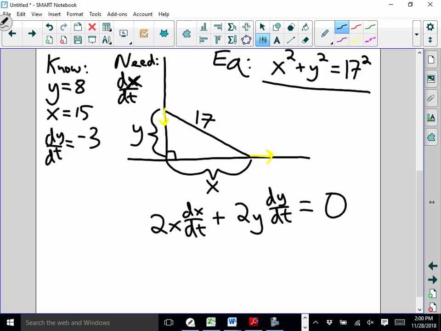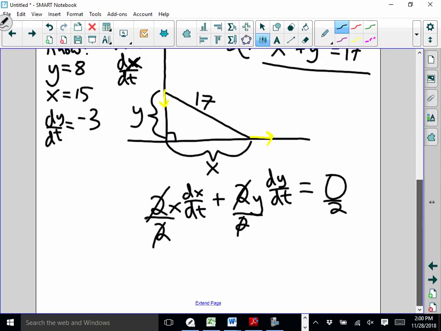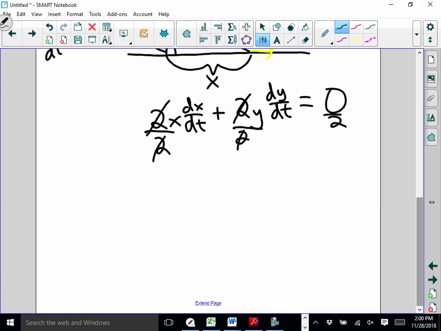So to make life a little easier, I'm going to cross off those 2's, because really what I'm doing is dividing everything by 2. Without a calculator, little steps like that can help us do this right. So I get x dx/dt plus y dy/dt equals 0 divided by 2, which is still 0.